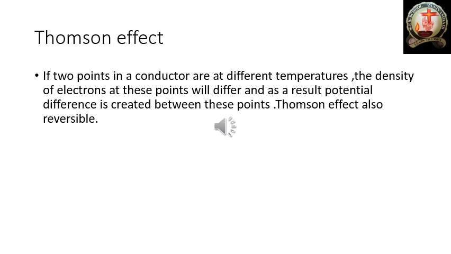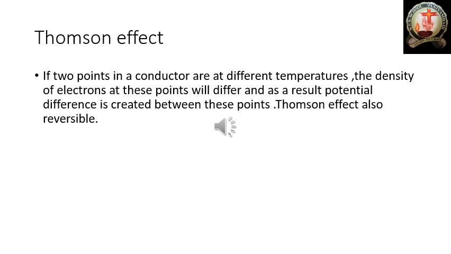Different temperatures means one end of the conductor having 10 degrees Celsius temperature and another end having 50 degrees Celsius. So temperature difference is there, no? Now the density of electrons at this point will differ.